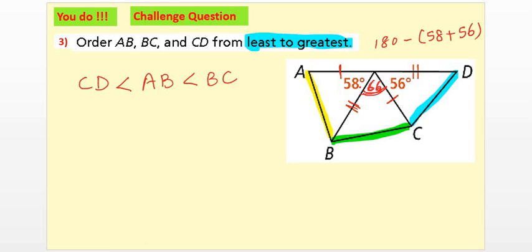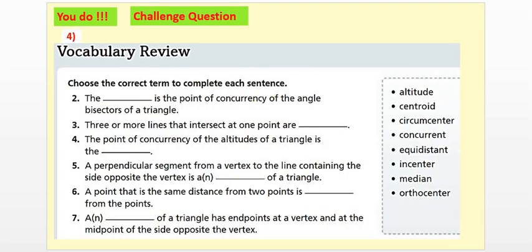So when you write 66 over here, we can get the idea that this is the longest side, BC, and then on the second number it's AB, and then on the third number it's DC. But because we have to arrange them from least to greatest, CD will be the least and BC will be the longest.